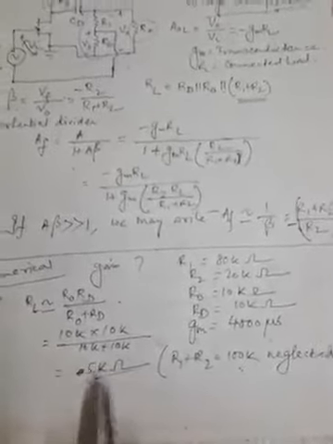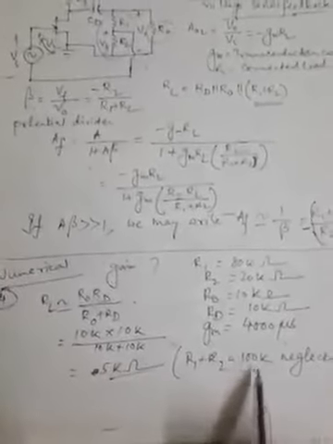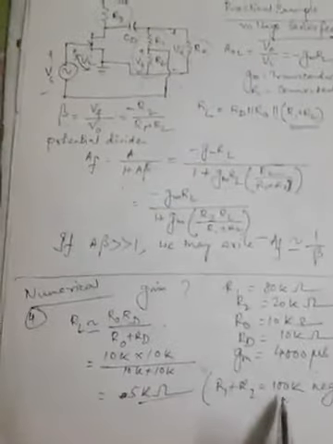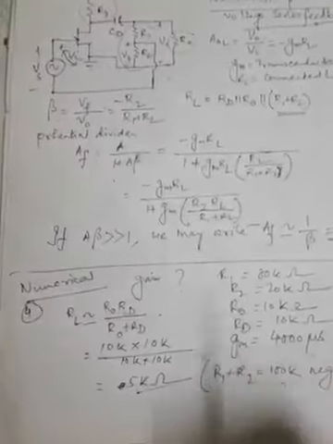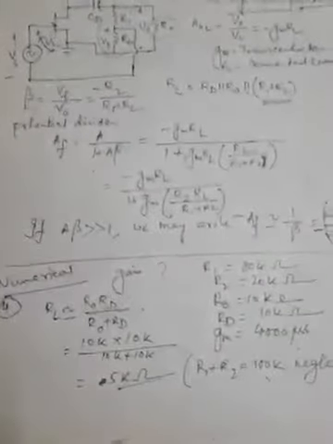So with respect to this 5 kilo ohm value, we are explicitly neglecting the value of R1 plus R2, which is 100 kilo ohm, much greater than this 5 kilo ohm value. So this resistance will not be significant for current conduction, so it need not be included in the overall calculation of RL. So therefore my RL is 5 kilo ohm in this case.